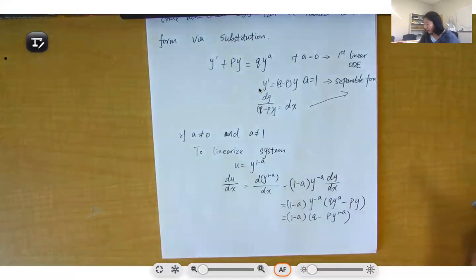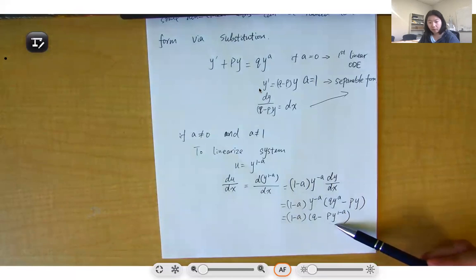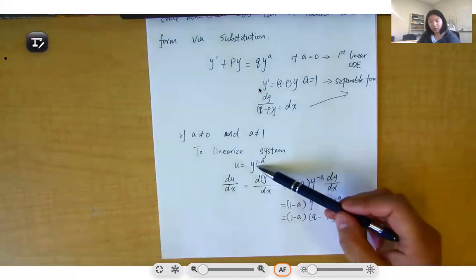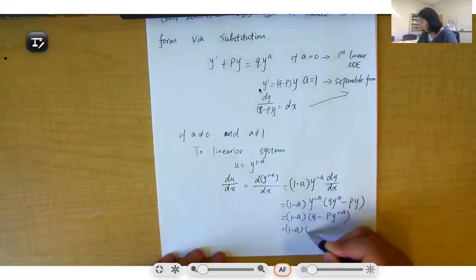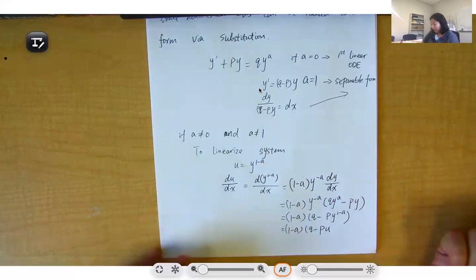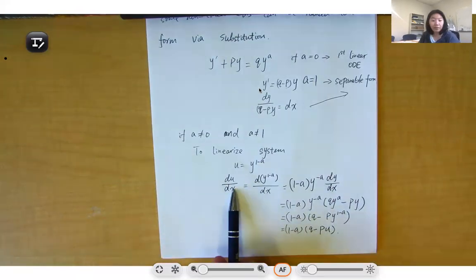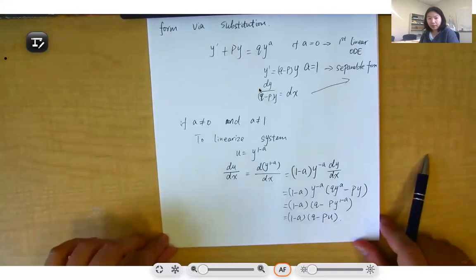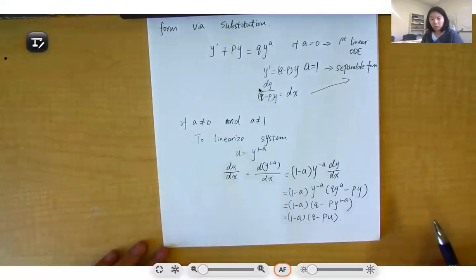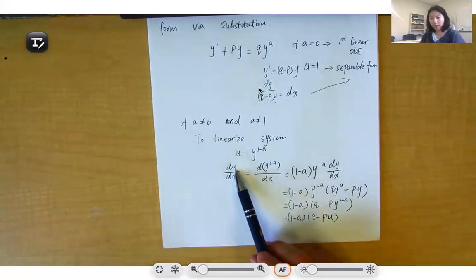And what is y to the power of 1 minus a? That is our substitution u, right? So we can write 1 minus a times (q minus p u). You can see that the left hand side is du over dx and the right hand side is (1 minus a) times (q minus p u). So we can rewrite these equations as a linear equation using the function u and x.